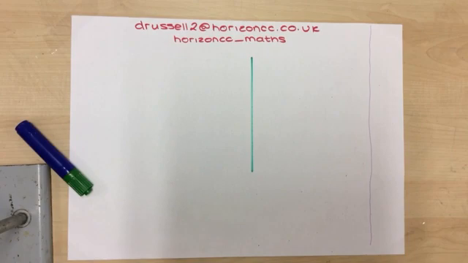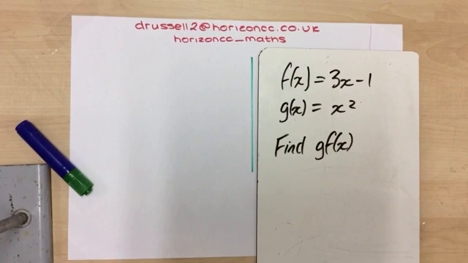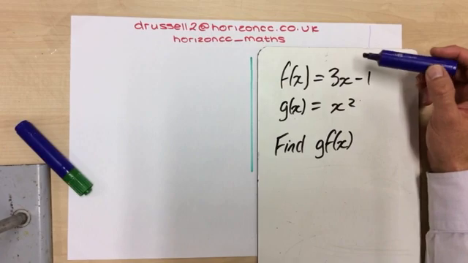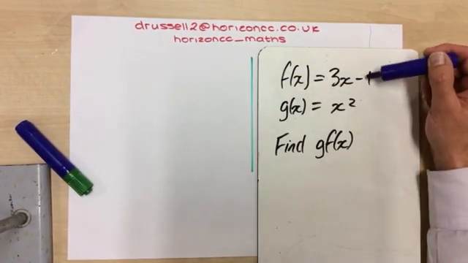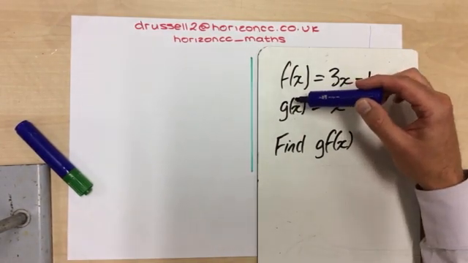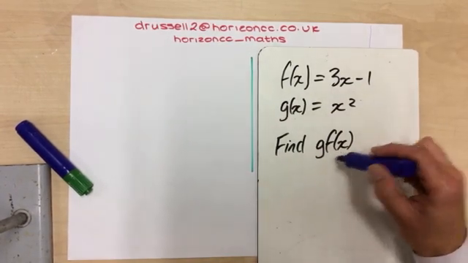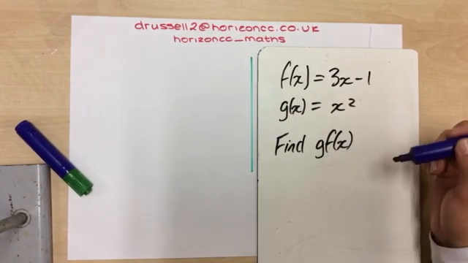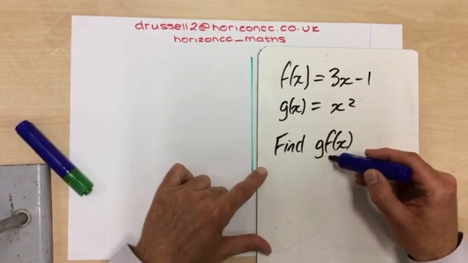We've done that one. They're having too much fun here, trying to set me up. Okay, so this time we've got 2 different functions going on. We've got a function f of x, which is the one that we've just done, times by 3, subtract 1. We've got another function, g of x, which is x squared. And at the bottom here, we're asked to do a composite function. The key thing here is that we're going to start with f first.